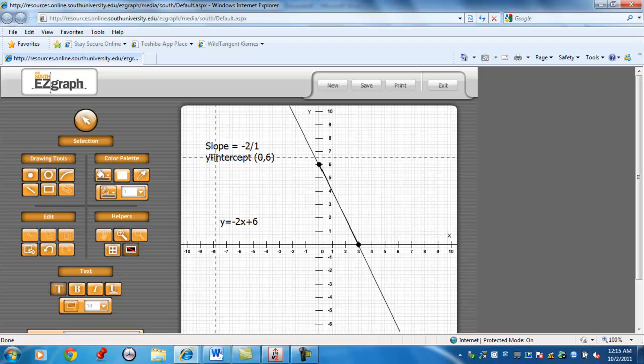Other information you could put, you could say the x-intercept is 3, 0, just to show a distinction. So you can write some text there to help you with identifying information on the graph. But again, the equation for this example is y equals negative 2x plus 6.